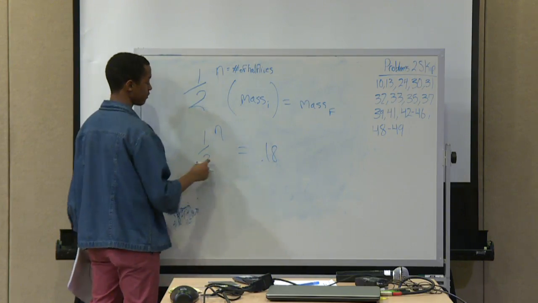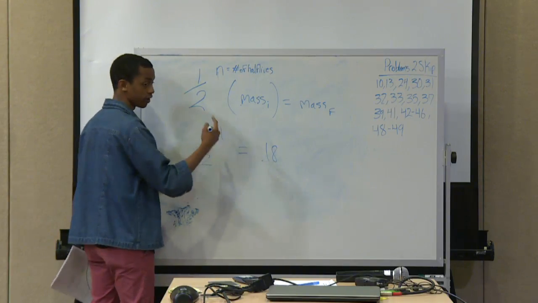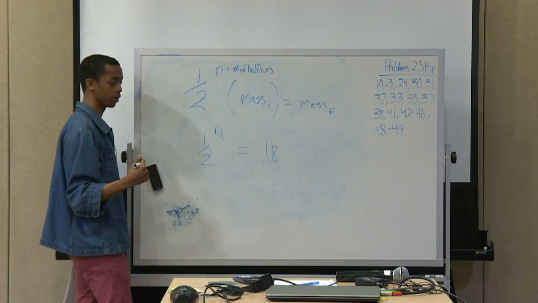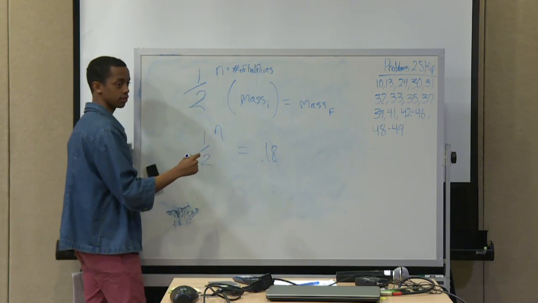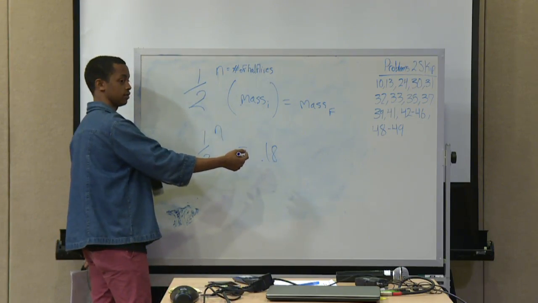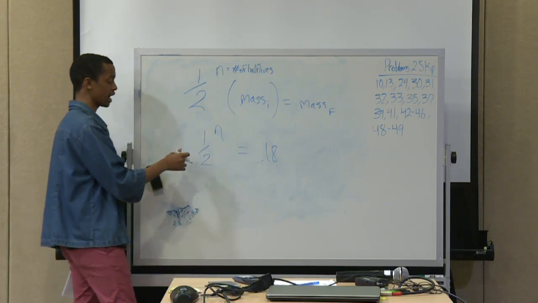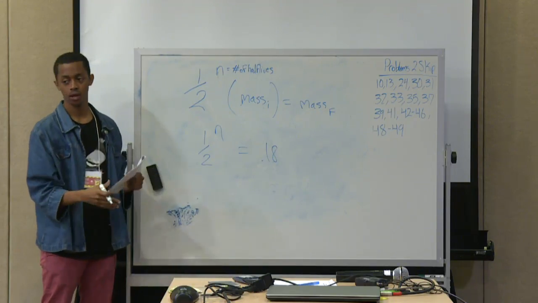If I put 3 in there, it's 1/8, and 1/8 is much smaller than 0.18. 0.18 is almost 0.2, which is a fifth. So you knew that it had to be between 2 and 3, so we just guessed 2.5.